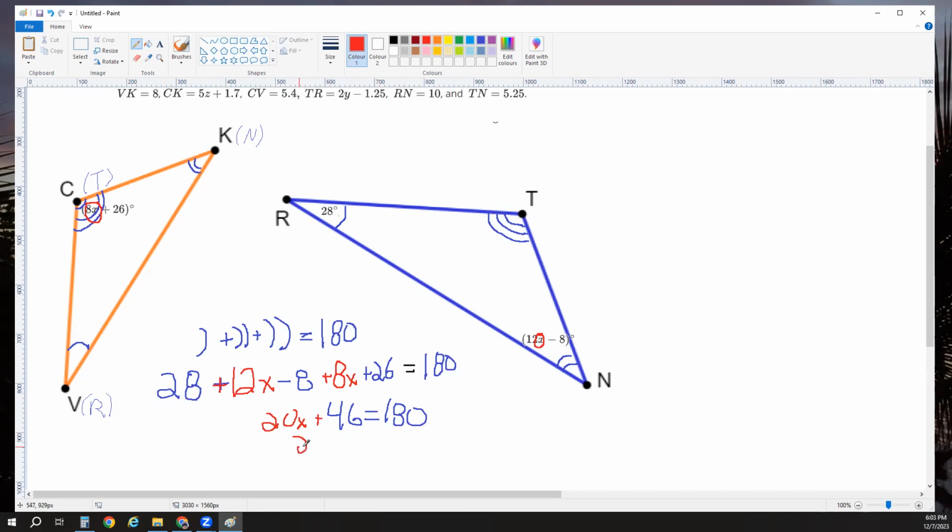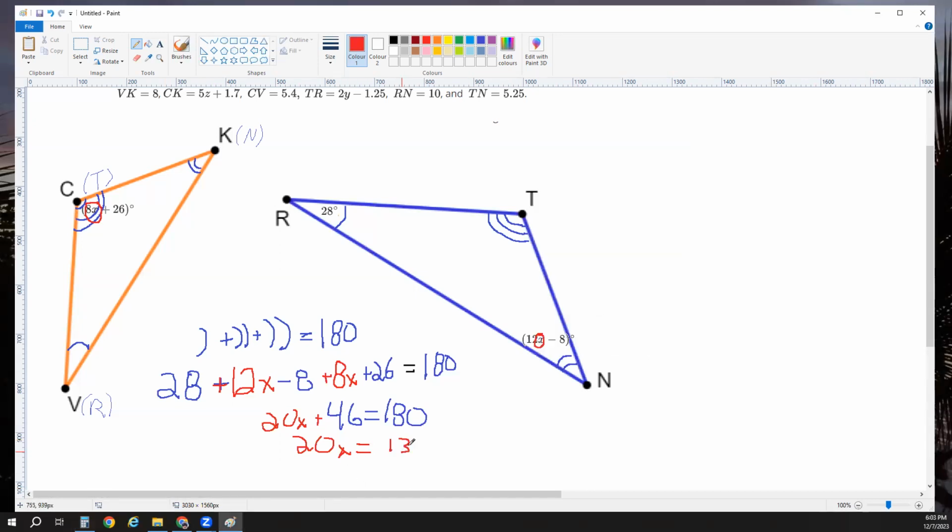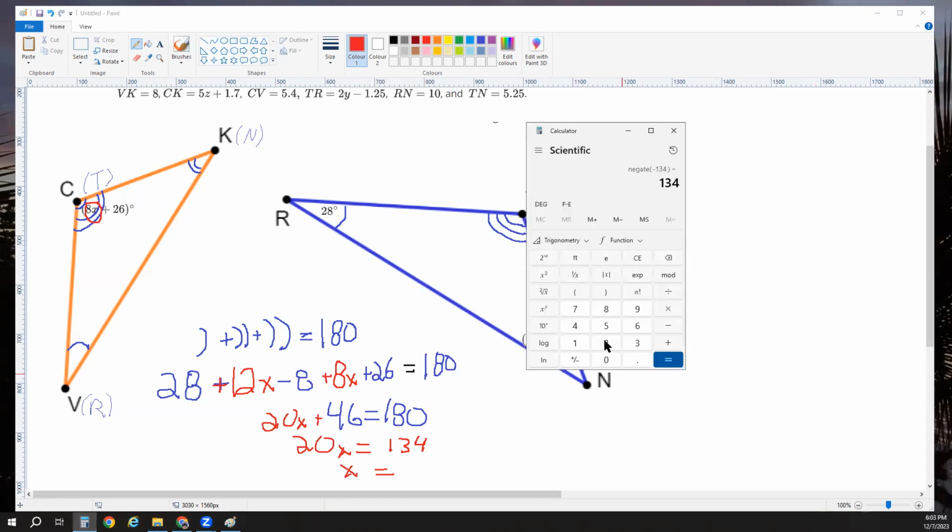And then I'm going to go 20x equals 180 minus 46. So 20x equals 134. And then x is going to be equal to some weird ugly number, 6.7.